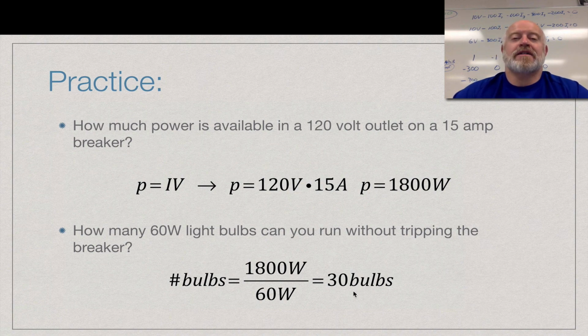Now, in practice, an electrician will never wire up a house for 30 light bulbs all on the same 15 amp circuit. And the reason why, if you think about it, has nothing to do with the bulbs themselves. It has to do with the wiring. Because if you recall, there is resistance in the wire, there's resistance in the electrical boxes, there's resistance in everything.